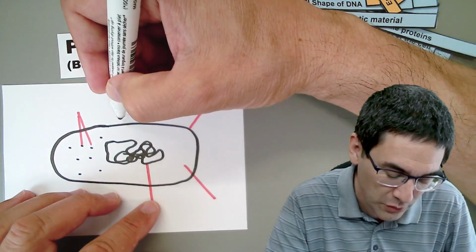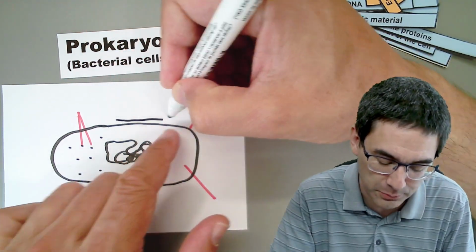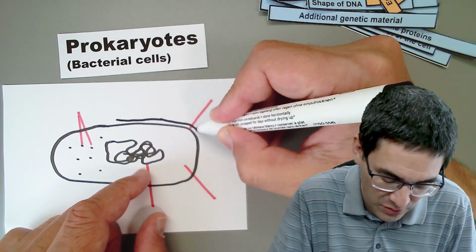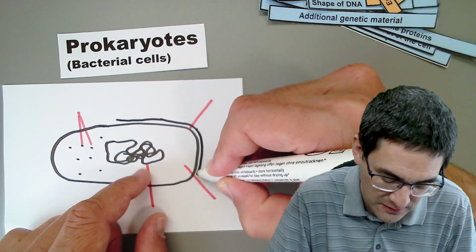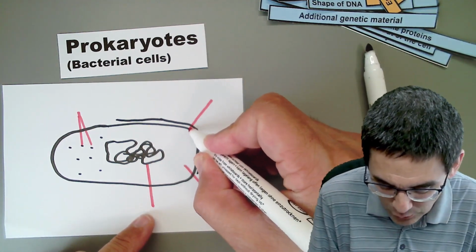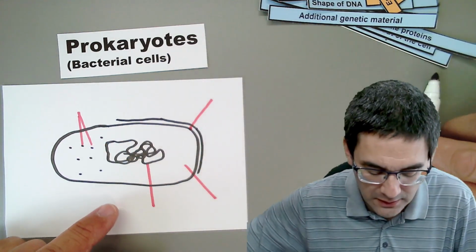But what I'm going to do now is draw a cell wall on the outside here. That's a little bit of a problem because I'm going to go over the labeling lines here. That's not so good. You see that this line over here does not even touch the cell membrane anymore properly. So I'm not going to continue drawing it all the way.